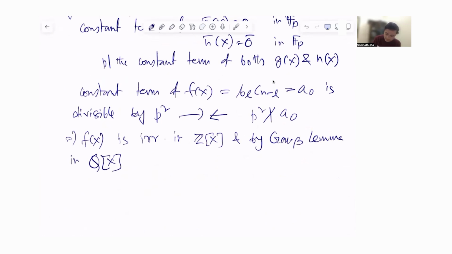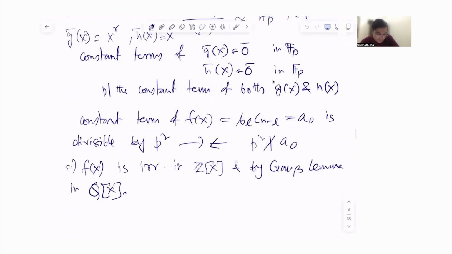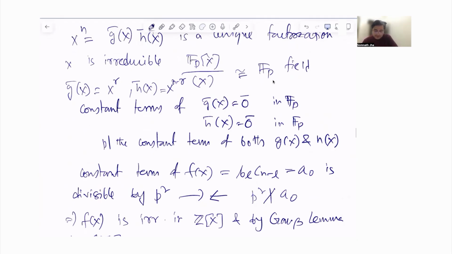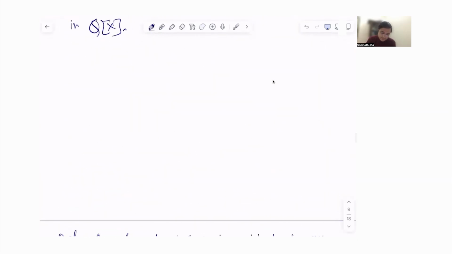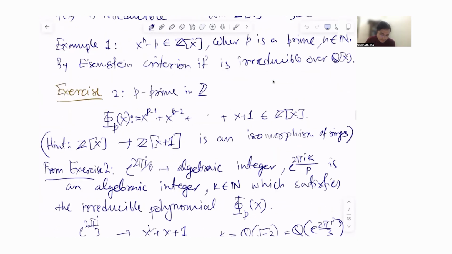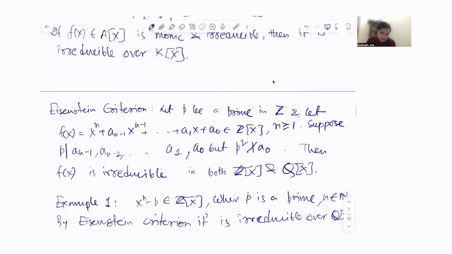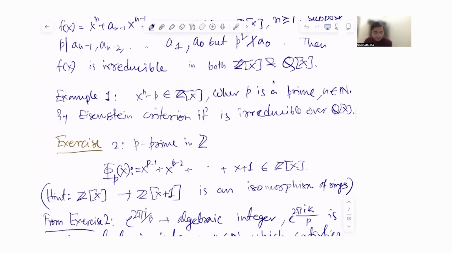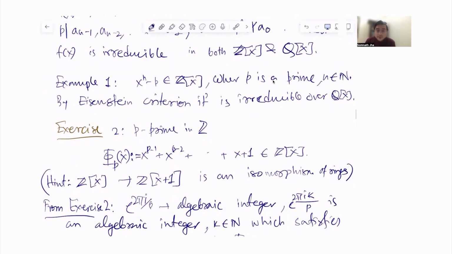Okay, so this is one thing we noticed, and this is the proof of the Eisenstein criterion over Z. A similar proof will work over a general UFD, and as I said, the applications are like x to the power n minus p is irreducible, and the cyclotomic polynomial is an irreducible polynomial, and things like that.